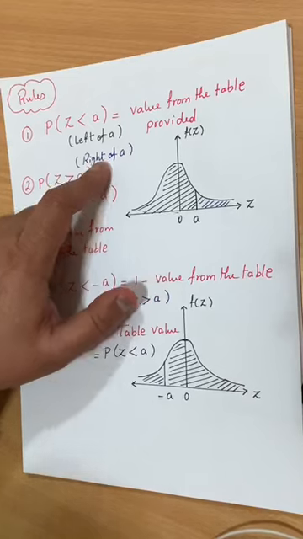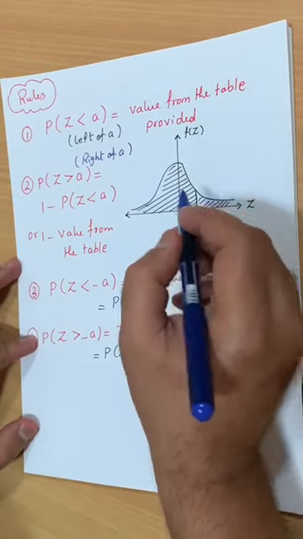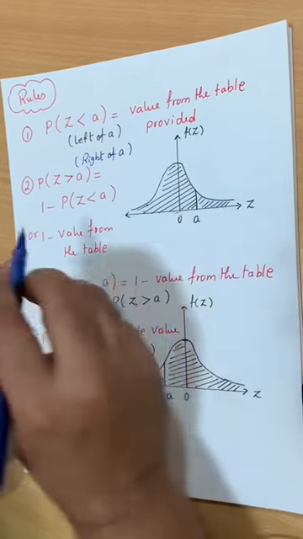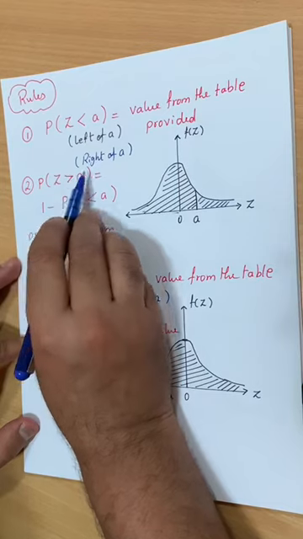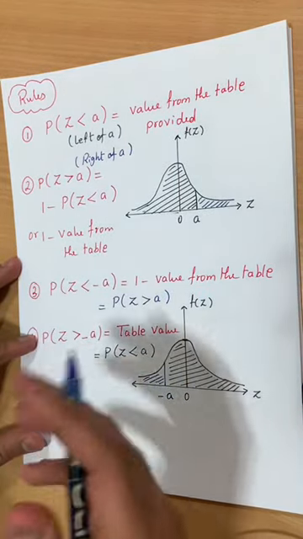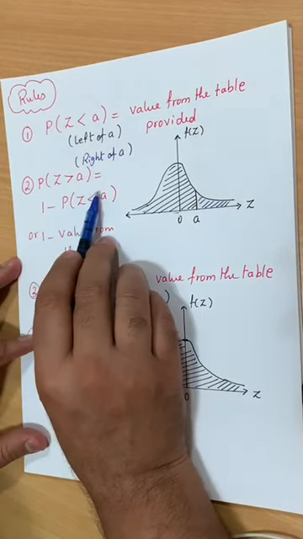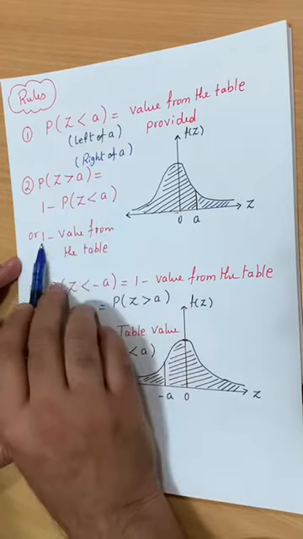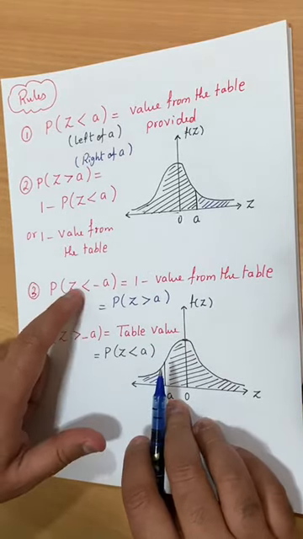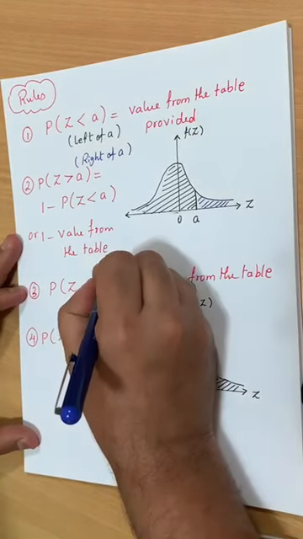Now the right is the opposite, because the area under the whole curve is equal to 1. So you're supposed to subtract this part from 1. So probability of Z more than A, which is right of A, the positive value, is 1 minus probability of Z less than A, or 1 minus the value from the table. Here, less than negative, which is left of the negative value.